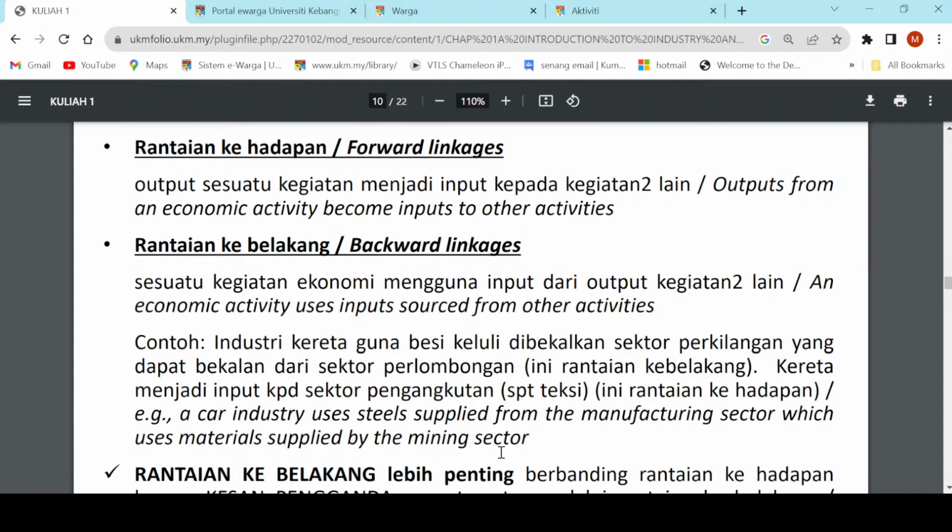And the rest is, we finished. Any question? We just finished number 1 in our main item to study. Number 1, to define industry based on economic sectors. There are 3 ways.